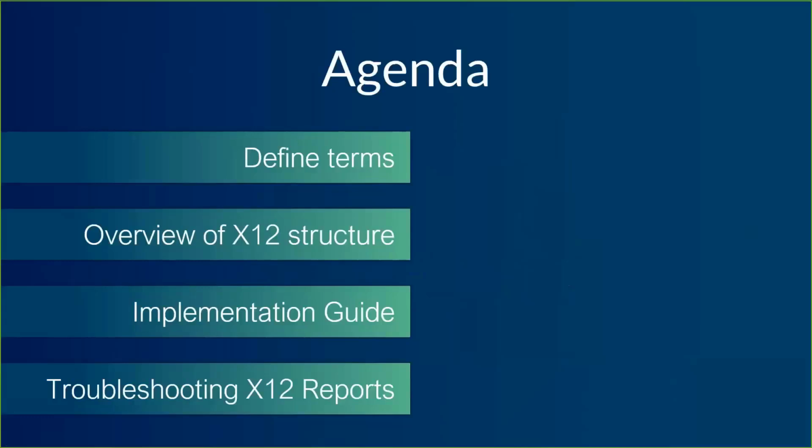After that, we're going to go into something called the implementation guide. I'll be explaining this a little more later, but this is a critical part to working successfully with X12. And then lastly, we're going to do some real scenario style troubleshooting using some X12 reports. We'll take all this information and put it into some scenarios that you might actually encounter in real life.